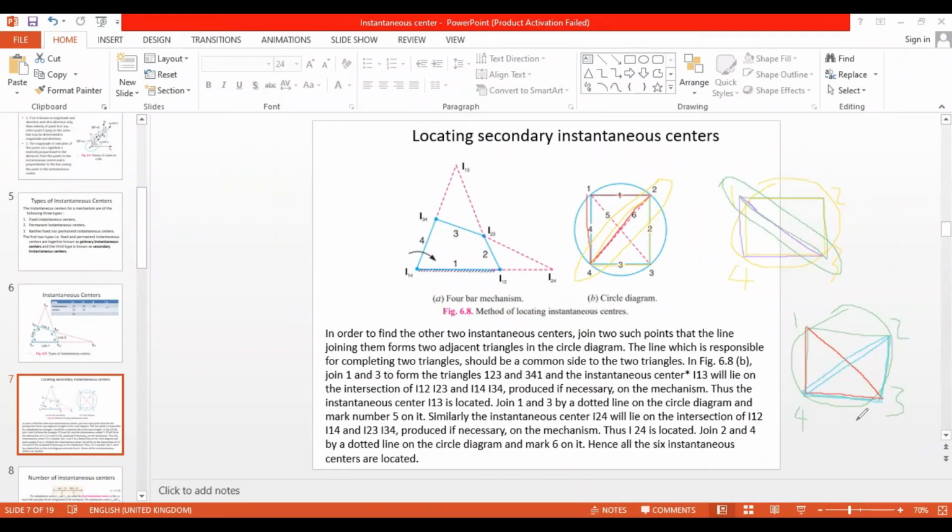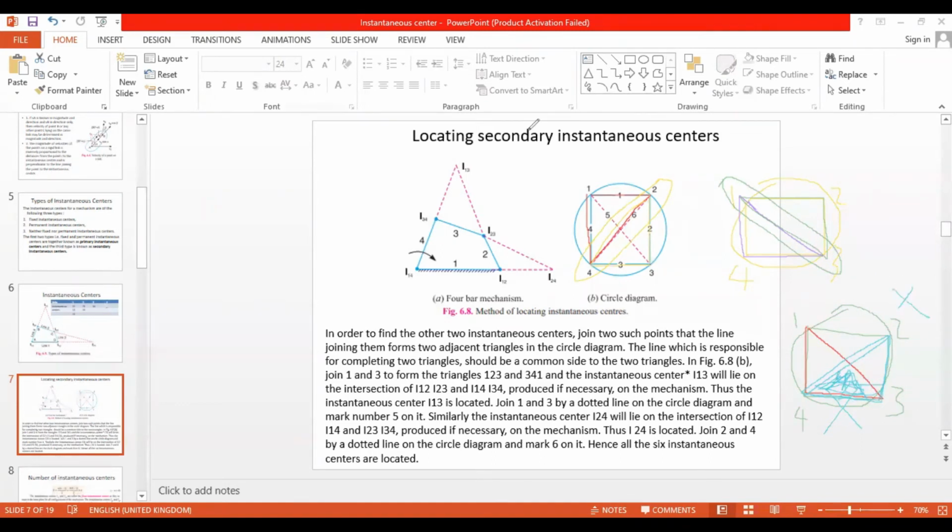So don't assume this as sharing. This is not sharing the adjacent side, so this should not be intersecting with this. If you consider this region as common to both triangles, this is not an adjacent triangle, right? Here, only the side is being shared and there is no intersection between these 2 triangles. Similarly, there is no intersection between these 2 triangles. So these are called the adjacent triangles. This is not the adjacent triangle.